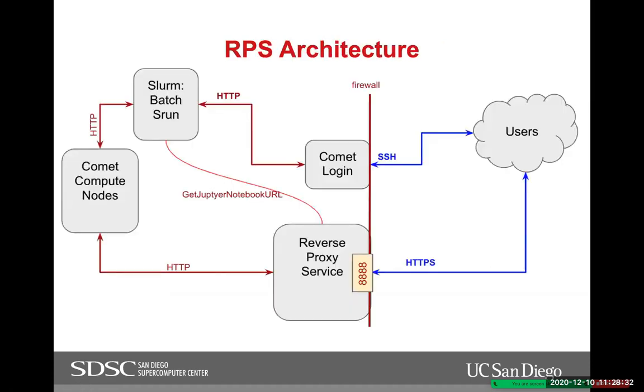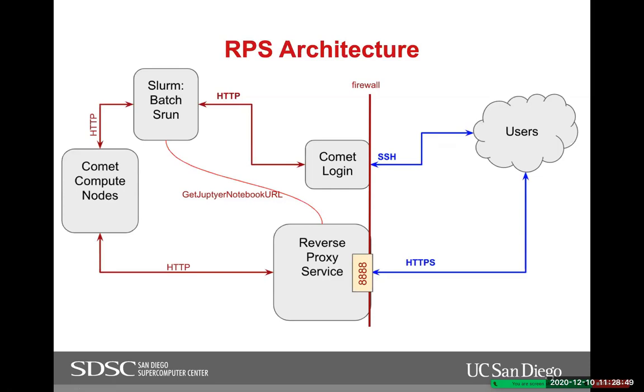So we came up with this idea for applying this to Jupyter notebooks. And basically what happens is you come in and log on to, in this example, it shows Comet, but it works on Comet, Expanse, TSCC, and Stratus, all of our HPC systems.